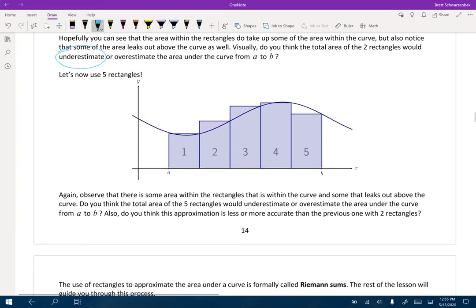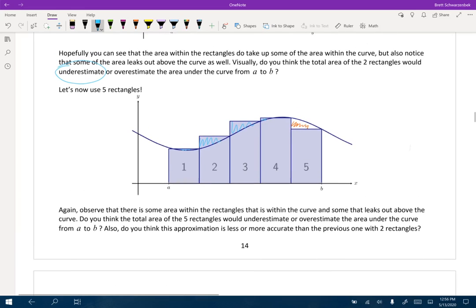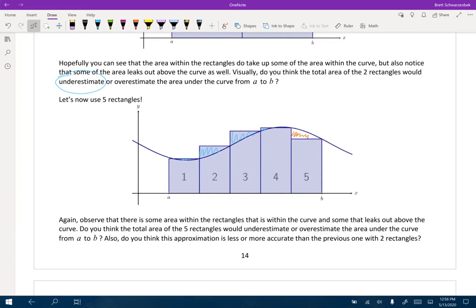What about 5 rectangles? If we move to 5 rectangles under this picture, we get a very different look, so to speak. Now it looks like the only empty space is right here, but there's a little bit extra here, here, here, and here. So this time, the use of rectangles is actually looking to overestimate the area.